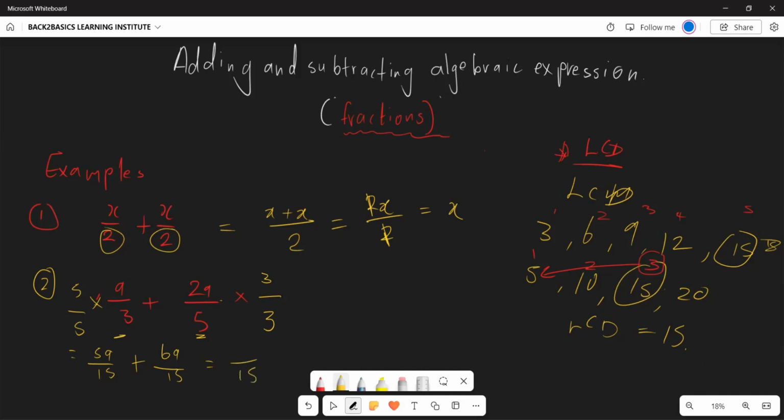Then you can take your numerators and add them. So this is 5a plus 6a, which gives you 11a. So the answer for this solution is 11a over 15.